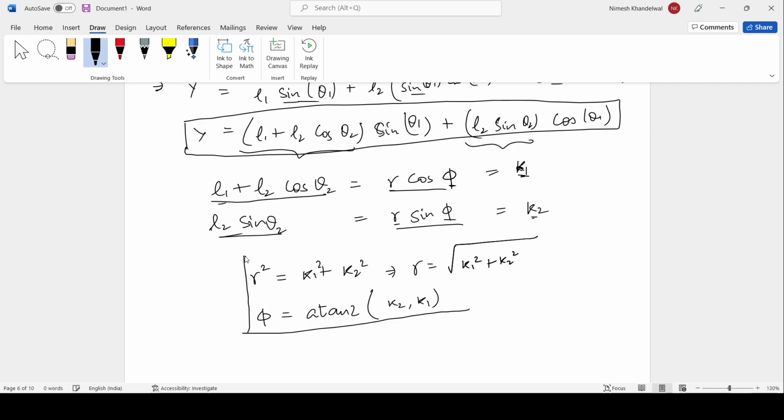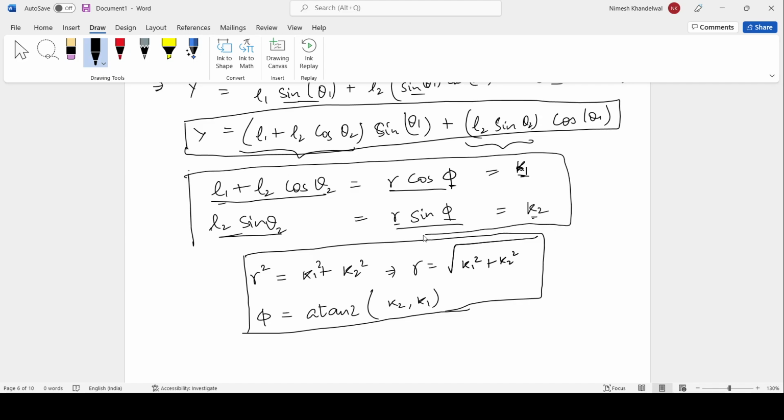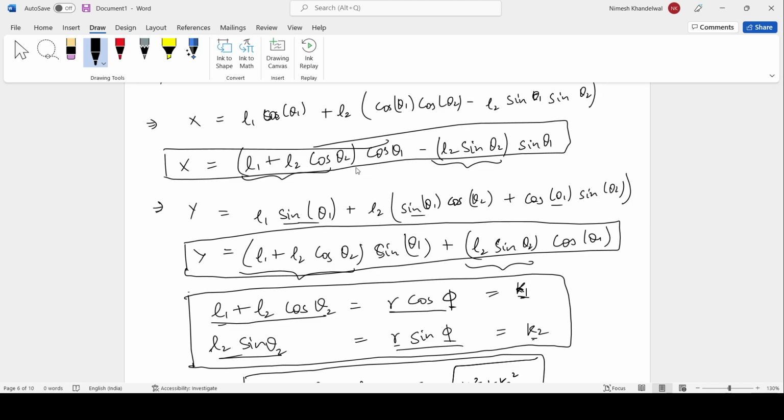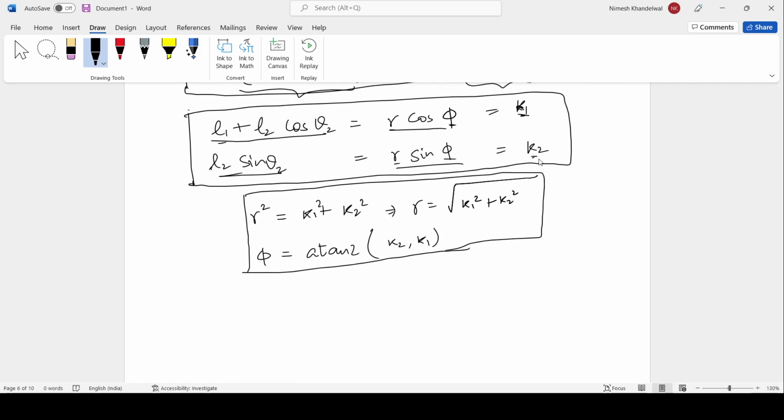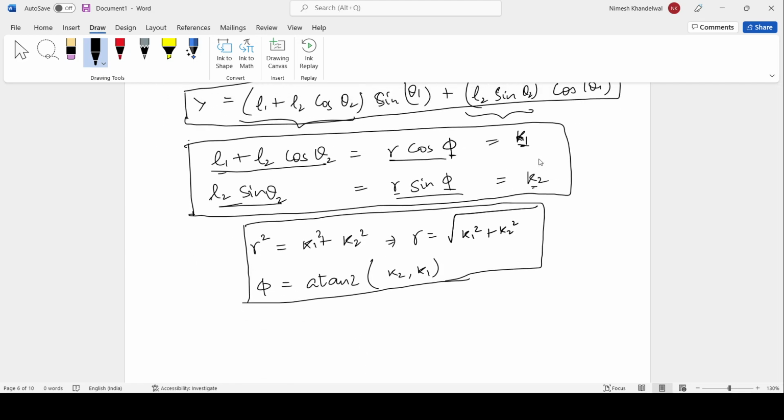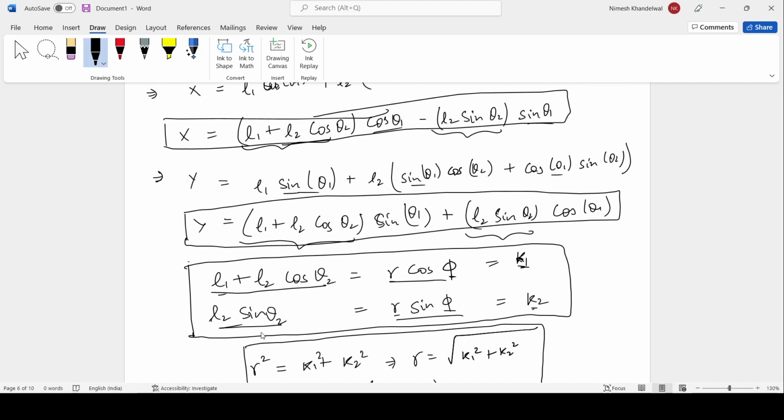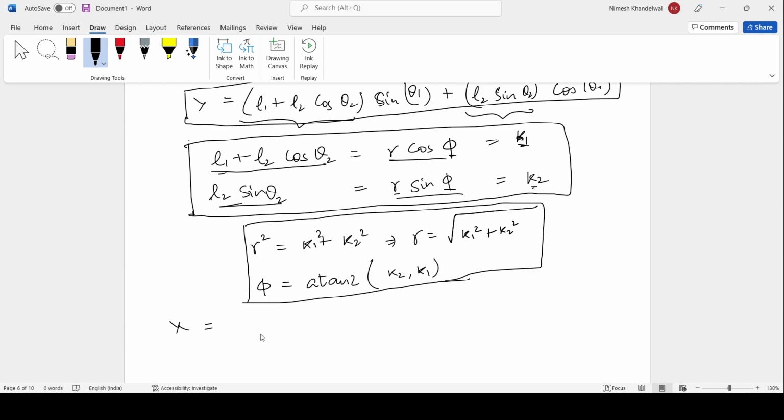So this is what the values of r and phi are, and this is the substitution I'm trying to make. I arrived at this substitution by seeing that there might be a possibility of making an identity of sine theta 1 plus theta 2 or cos theta 1 plus theta 2. So x then becomes k1 cos theta 1 minus k2 sine theta 1.